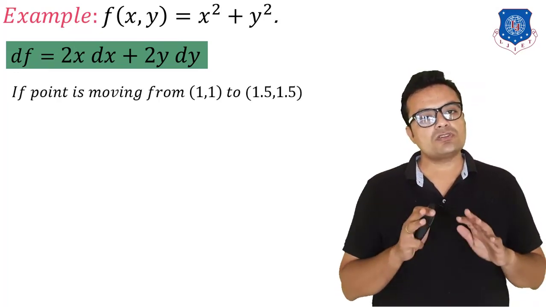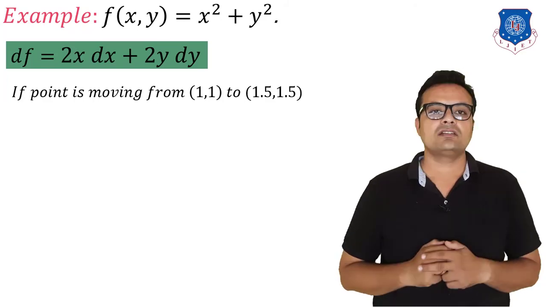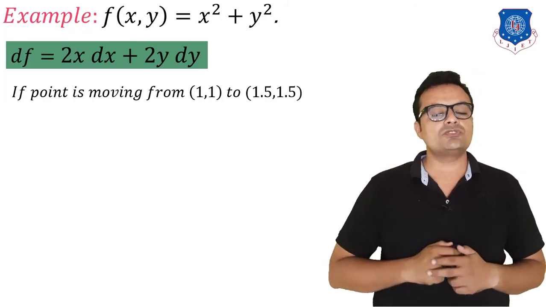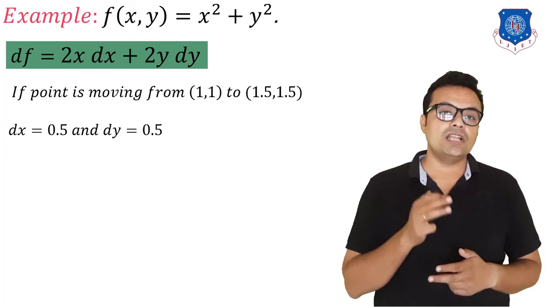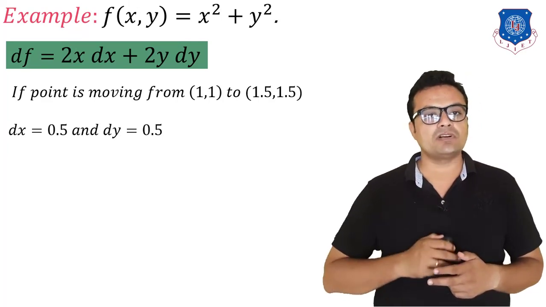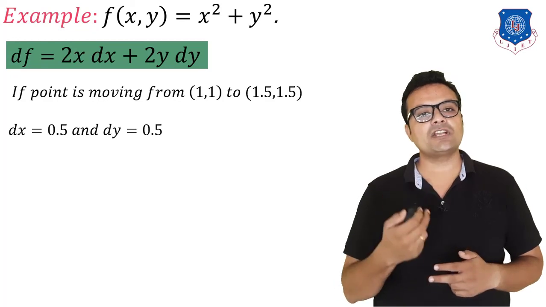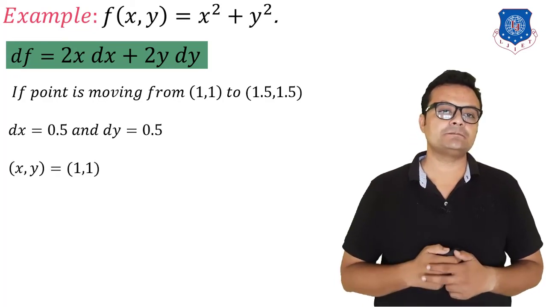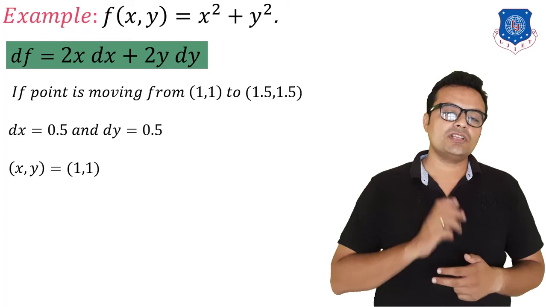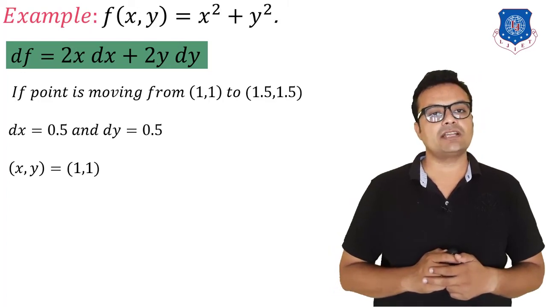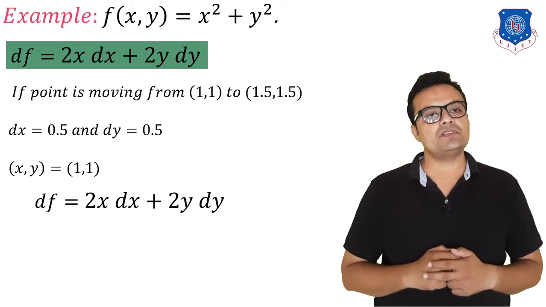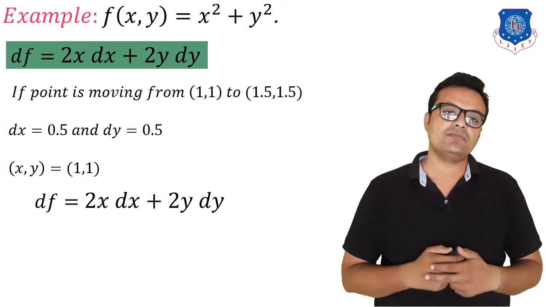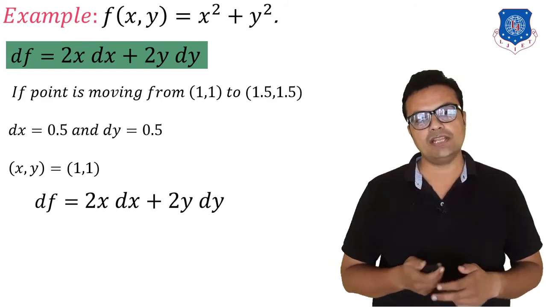Now if I focus on a particular movement from (1, 1) to (1.5, 1.5), I can see clearly that the value in x and value in y are changing by 0.5 units respectively, and the original point is x, y equal to (1, 1). Now again if I come to the formula which we derived, it is df equal to 2x dx plus 2y dy.